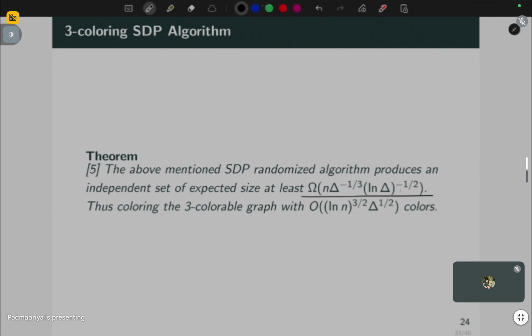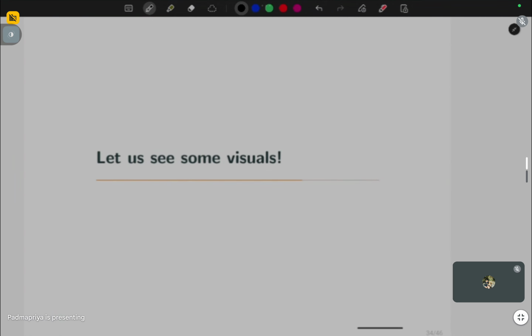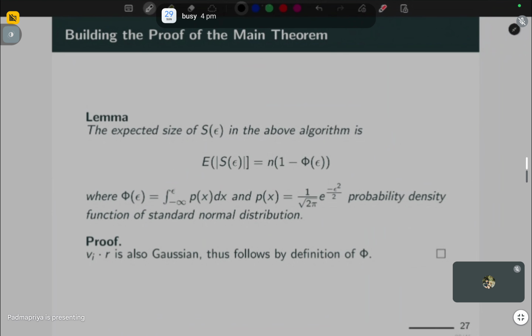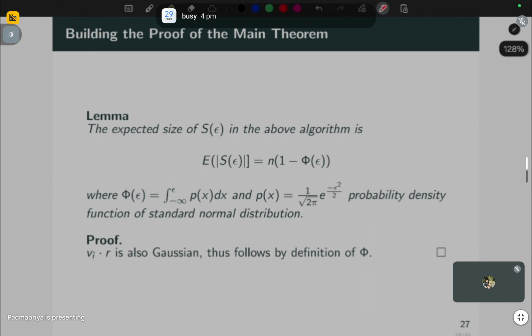So to prove these main results, which is this theorem, to say how many vertices are retrieved by our independent set algorithm and how many colors we use to color, we'll first start off with a few lemmas. The first one is the expected size of S epsilon. We are just randomly choosing a plane and cutting. So how many vertices are we expected to retrieve after this cut?